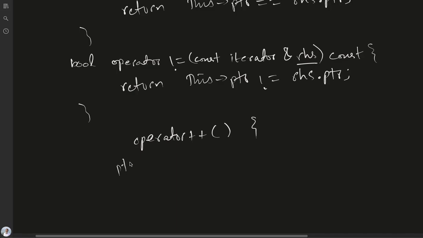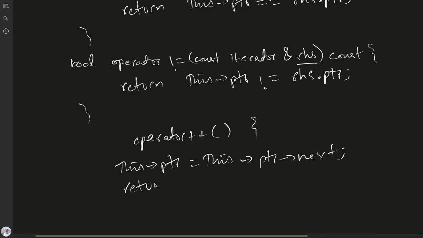Just say this dot ptr is equal to this dot ptr dot next. What should it return? The pre-increment operator basically returns the iterator object, return star this, so the current object itself, and we return it by reference.